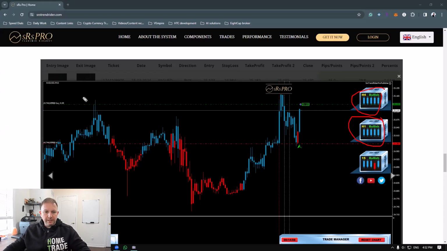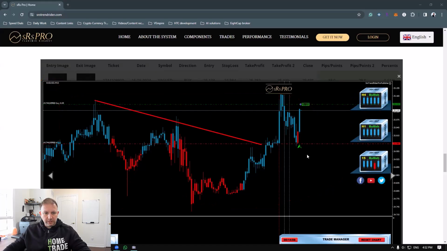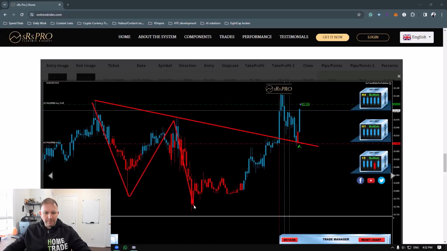I'm checking the 15 minutes and I can see that in this scan the majority of candles are switching to bullish as well. There were some bearish ones in the corrective movement, but the majority are bullish. And the most important part is this big trend line on the 1 hour chart. Remember that, as I will be talking about it, because right now what we have is a double time frame trend line breakout.